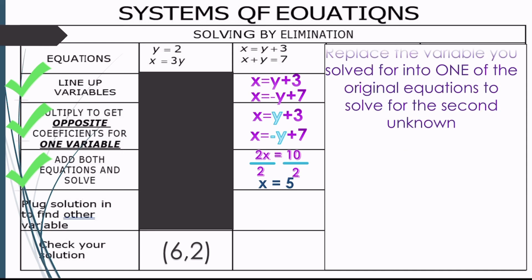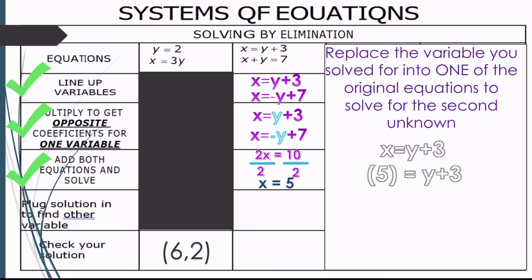Well, where am I plugging it in? Write this down. You replace the variable that you solved for, in this case x, into one of the original equations and solve for the second unknown. Doesn't matter which equation you choose. I'm going to choose this one. It just, to me, makes more sense.